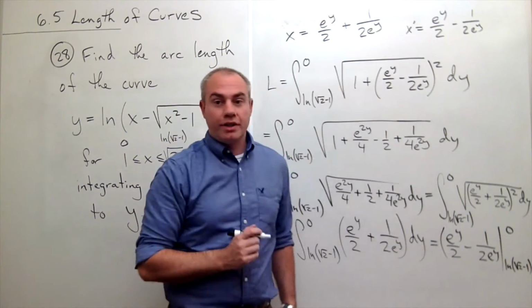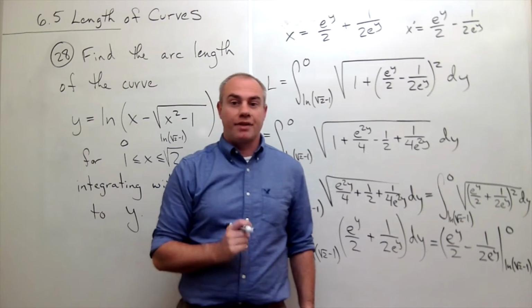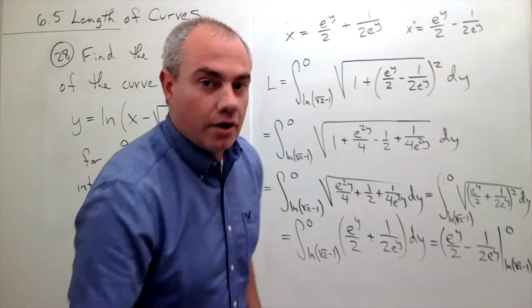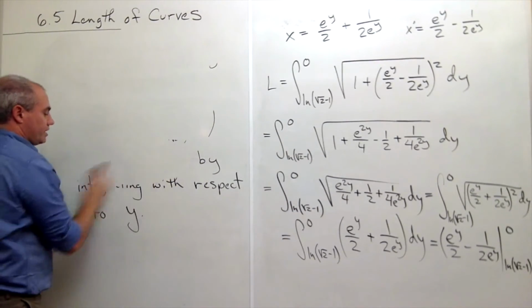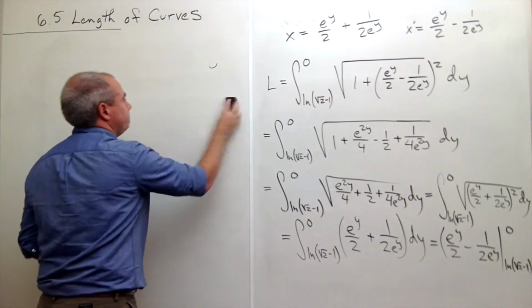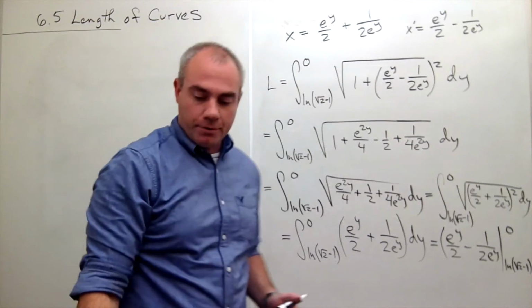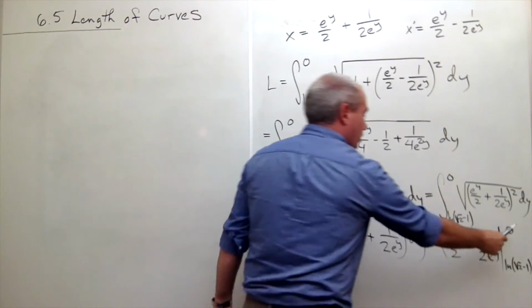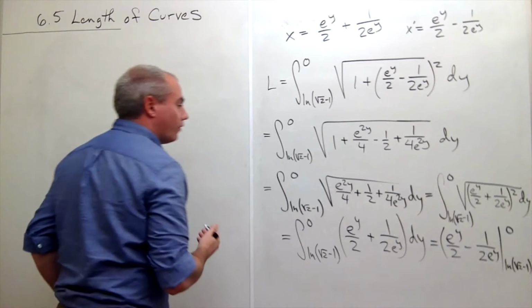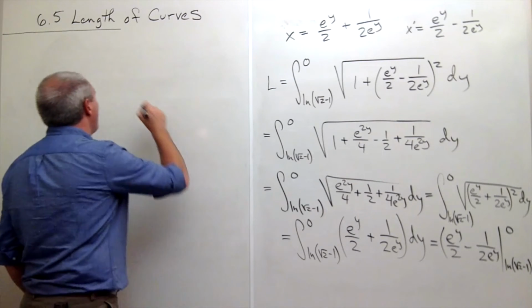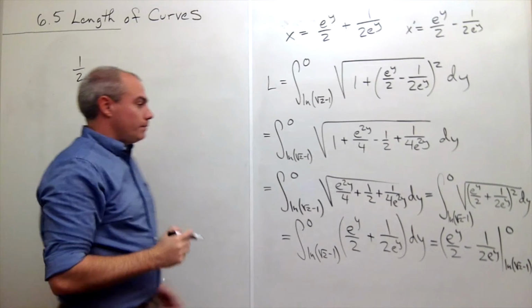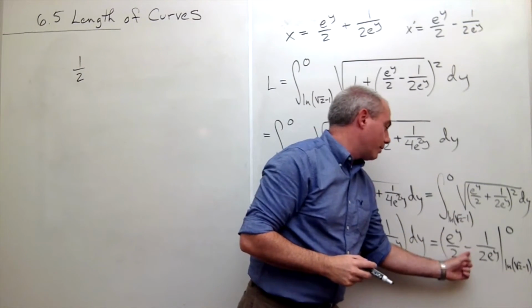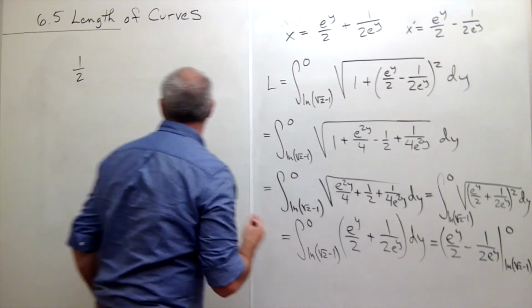All right, the only thing left to do here is to plug things in. I think I'll erase over here real quick so that I can plug things in. So plugging in the 0, we get e to the 0 over 2. Well, e to the 0 is 1, so I get 1 over 2. Plug in the 0, and I get minus 1 over 2.